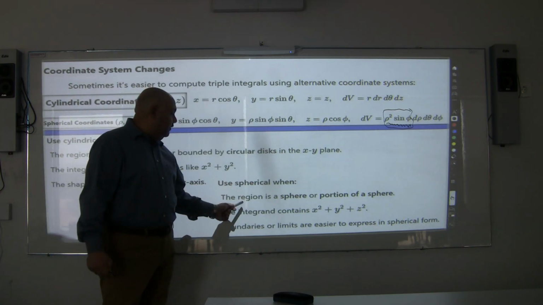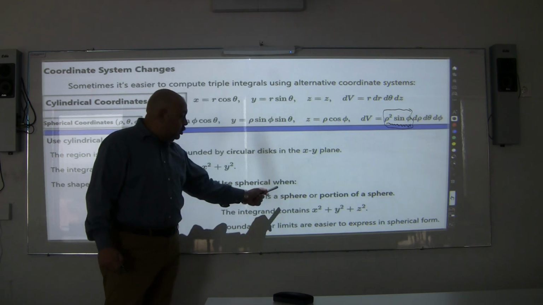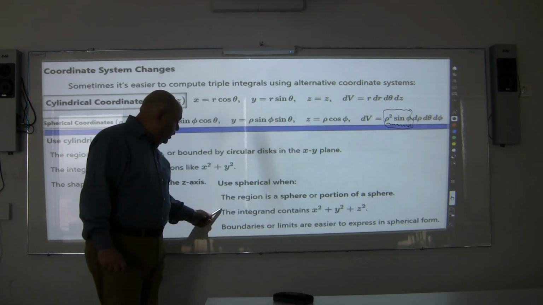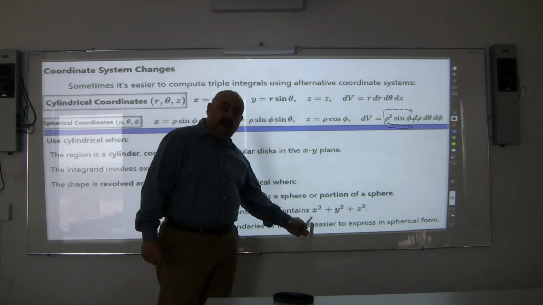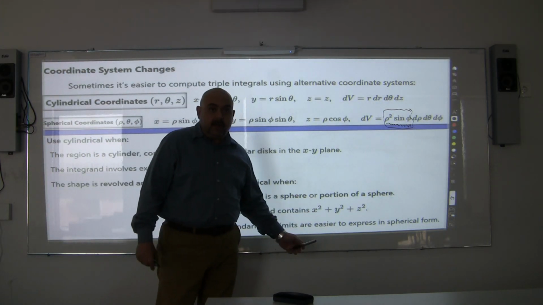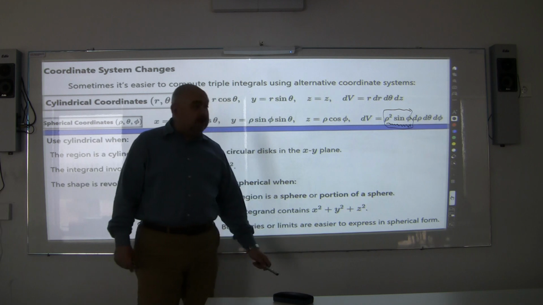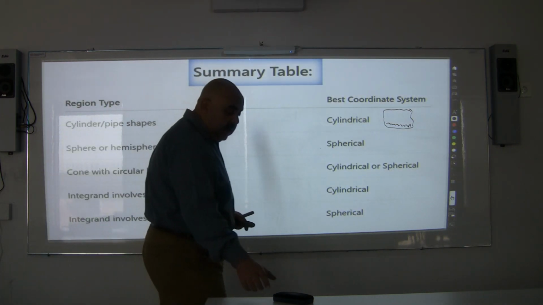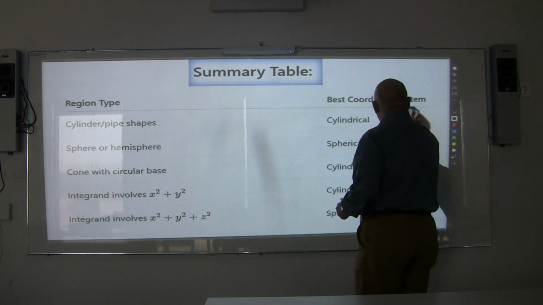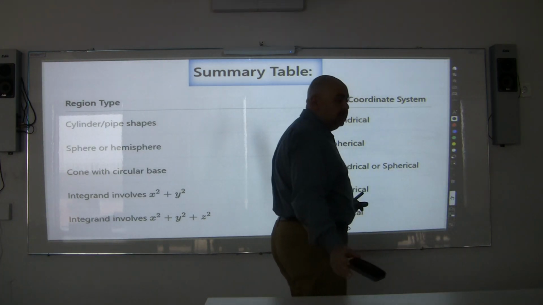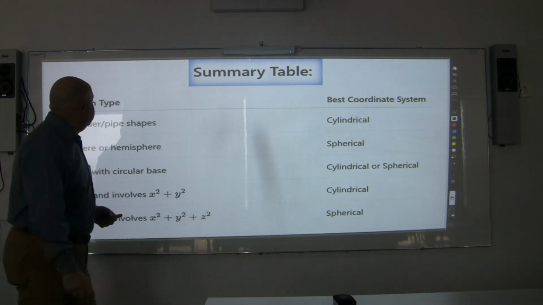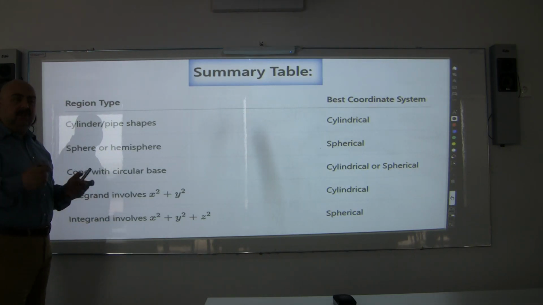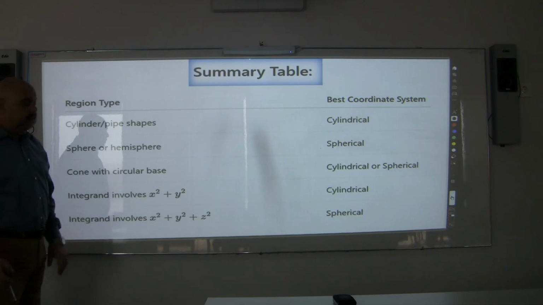For the spherical, if the region is a sphere, a portion of a hemisphere or something, or the integrand contains a term like x squared, y squared, z squared, it's going to be better to use spherical coordinates in this case. And this table, I sent it to you with the slides, I believe 2 days ago. It summarizes when to use cylindrical, when to use spherical, and when it won't make a difference using either of them.